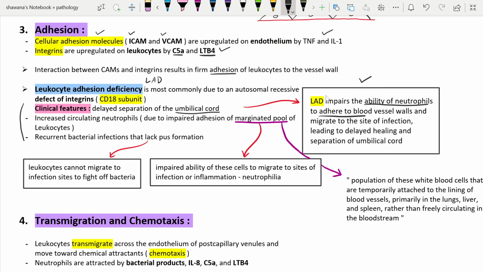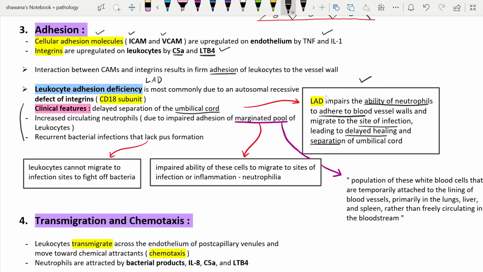So how will the neutrophils adhere to the blood vessel wall? They cannot migrate to the site of infection. It results in delayed healing and separation of the umbilical cord.